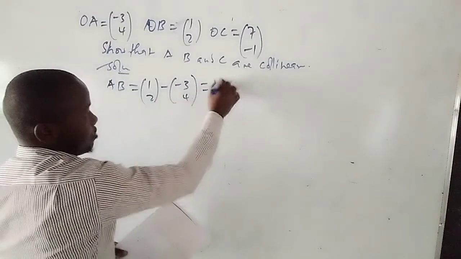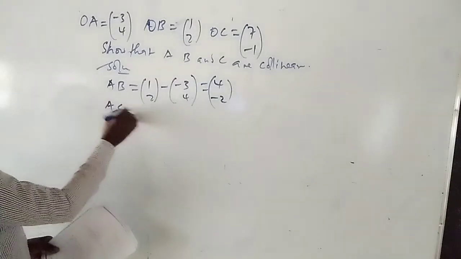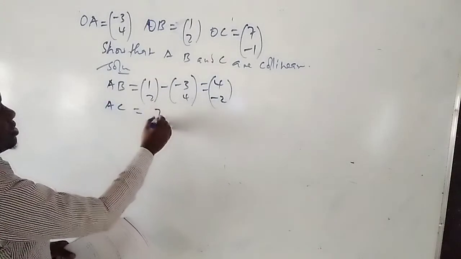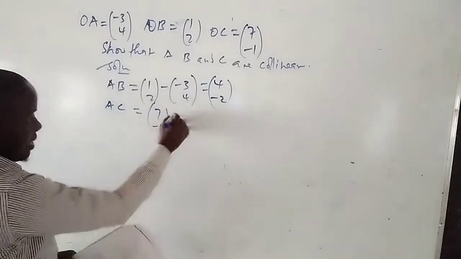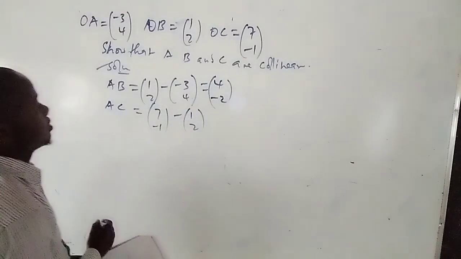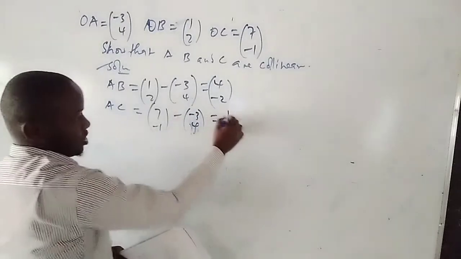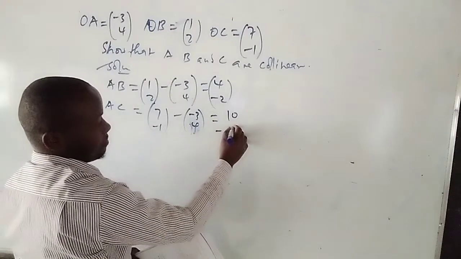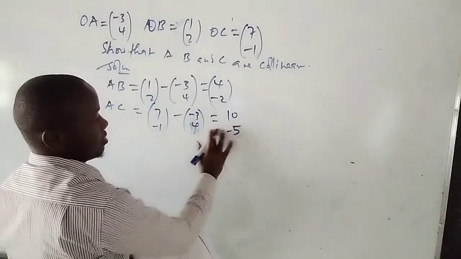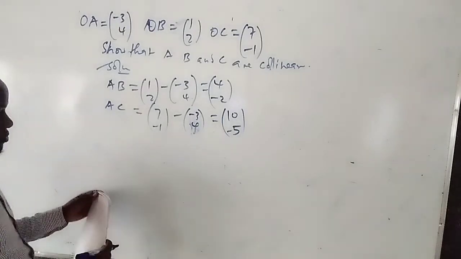This will give us positive 4, negative 2. Then the other vector AC will be C minus A. So this becomes positive 10 and this becomes negative 5.